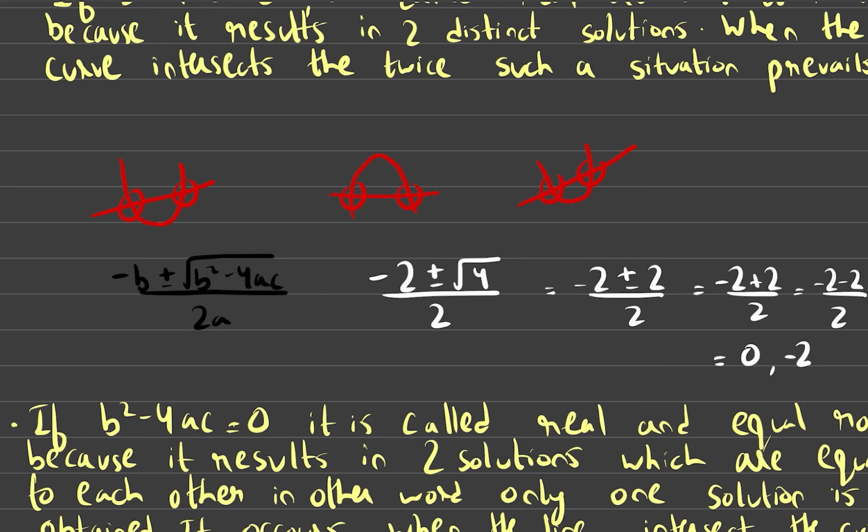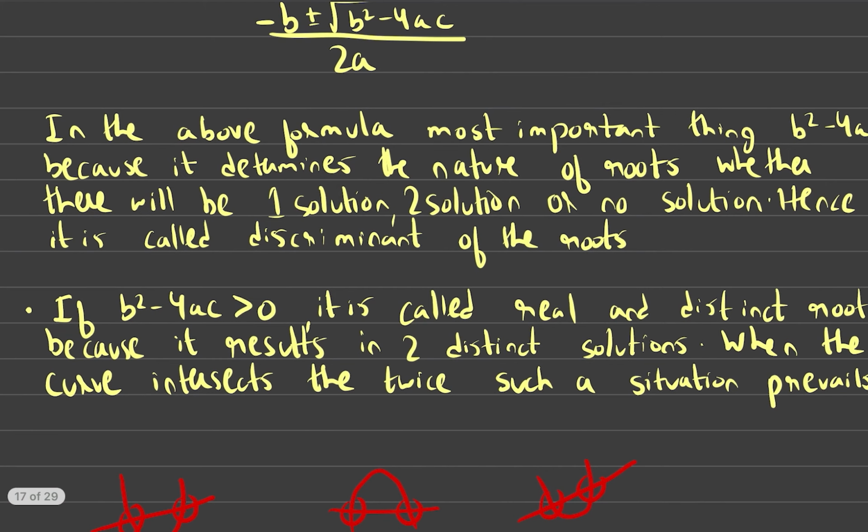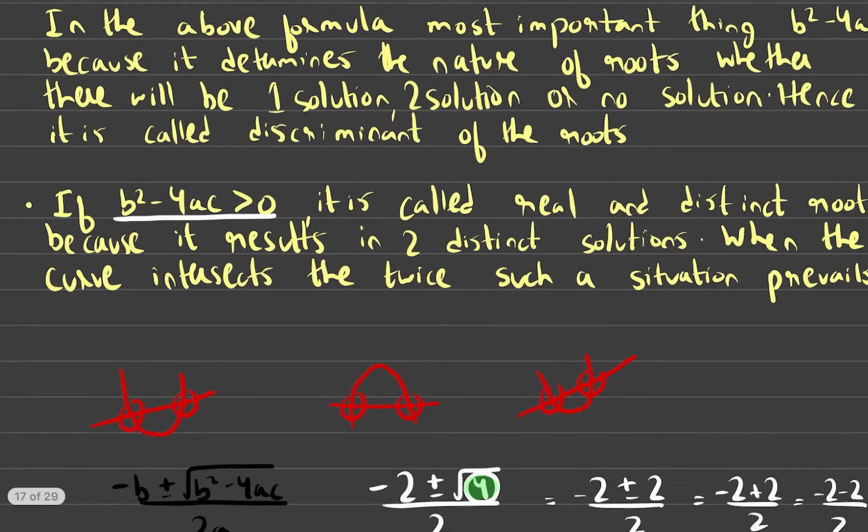So I notice if this 4 is positive or greater than 0, how many answers am I getting? 2 answers, which proves that if the curve and line have two solutions, it's always b square minus 4ac greater than 0.